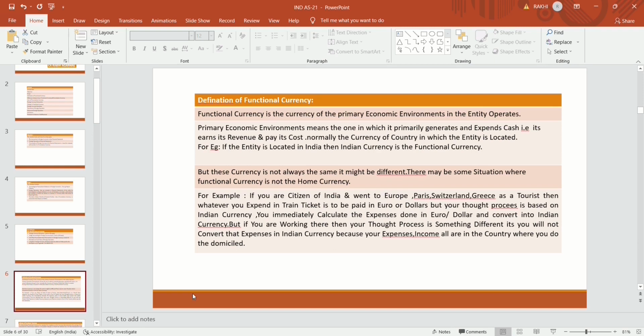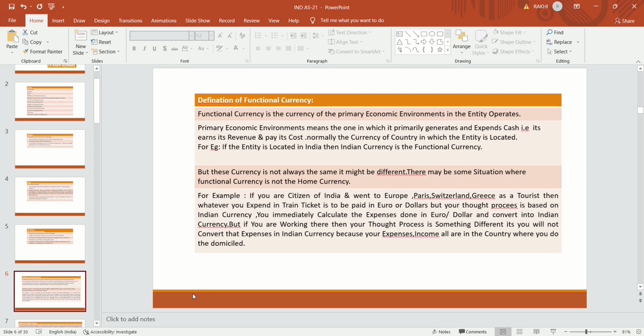In most cases, the functional currency is the same as the presentation currency. In 99% of cases, the functional currency is the same as the presentation currency, but in some cases the functional currency is not the same as the presentation currency.